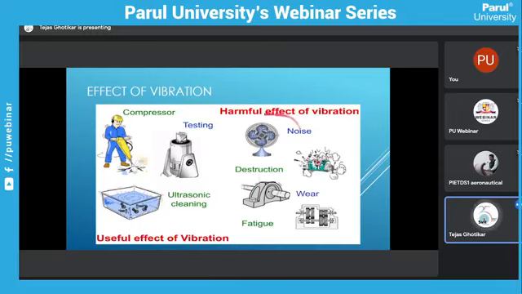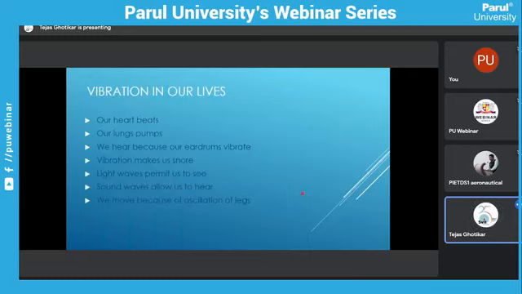So there are many harmful effects of vibration as well, and this is again the reason behind going for vibration monitoring.